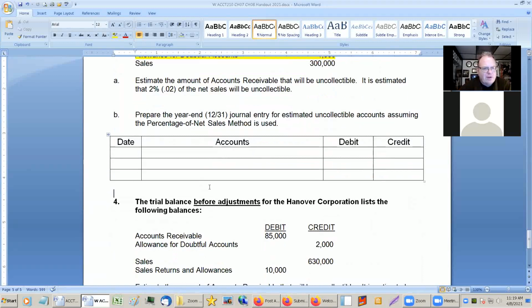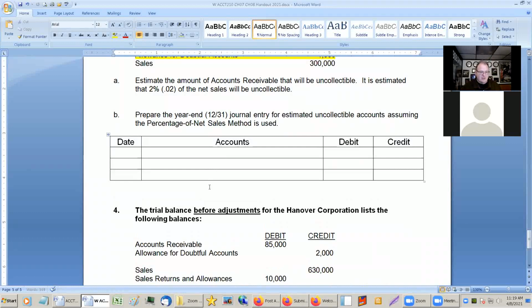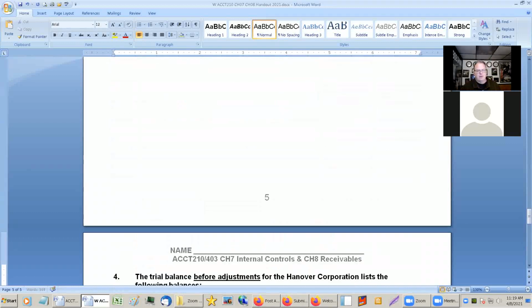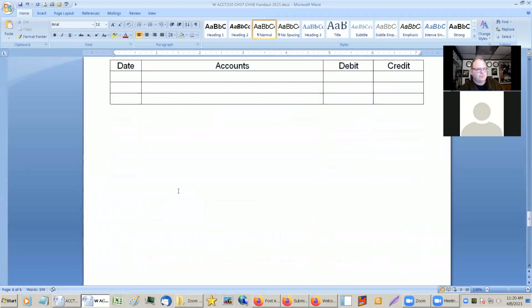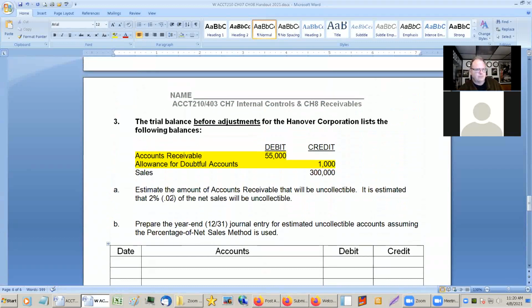So I should have put this on 2 pages. So it would look like this.